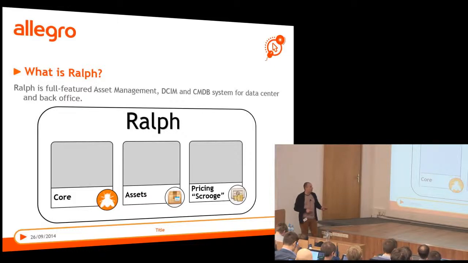And the second module is the pricing module, which is called Scrooge. This module basically calculates the total cost of ownership of a service.